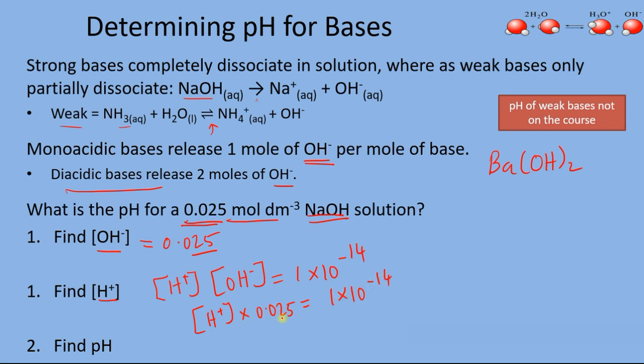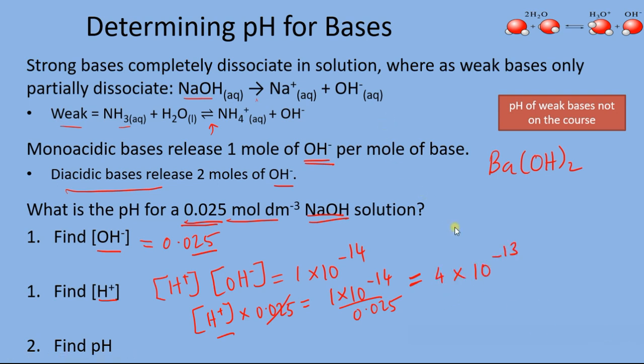Rearrange this, divide both sides by this number, that gets cancelled, and you get the H plus ion concentration. You can pretty much guess what's coming next. Once you have the H plus ion, you do the minus log of that value here, right?